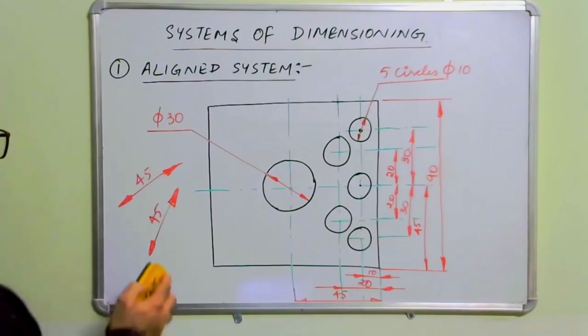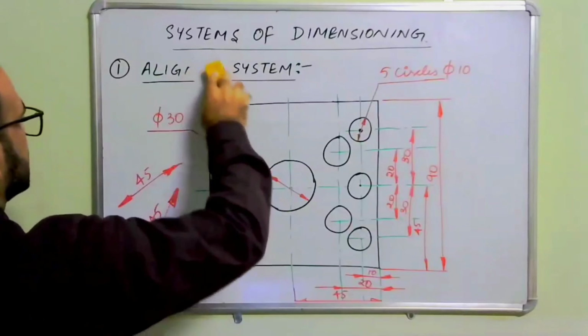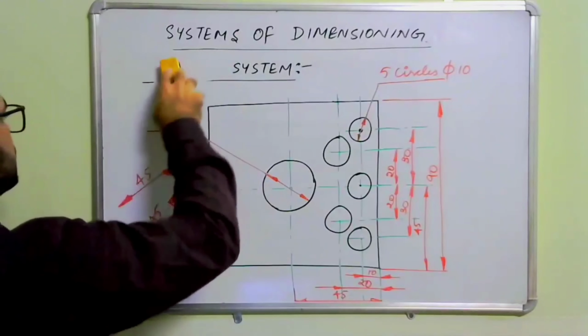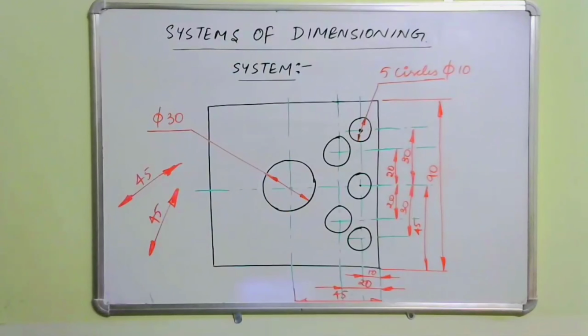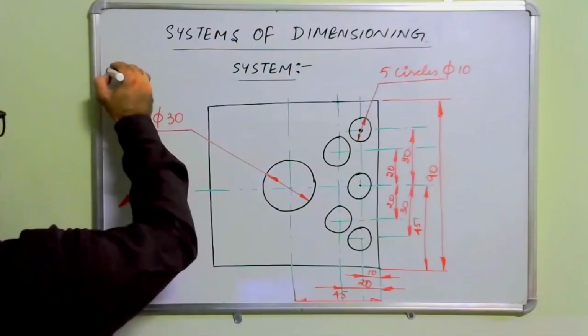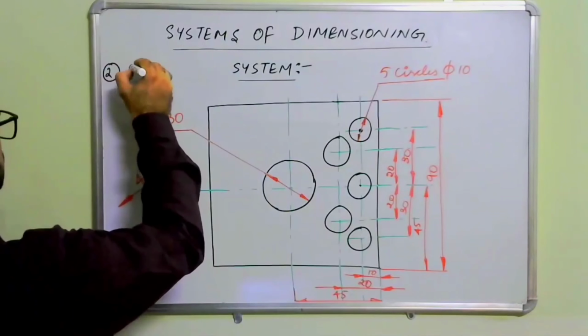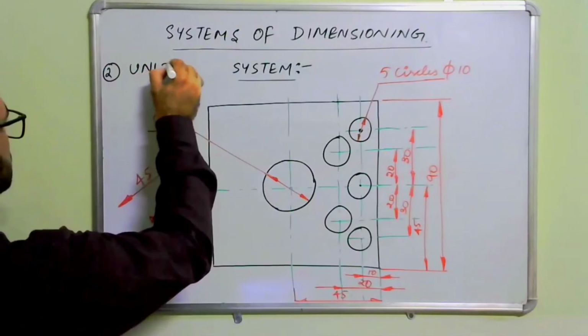The next is the unidirectional system of dimension.